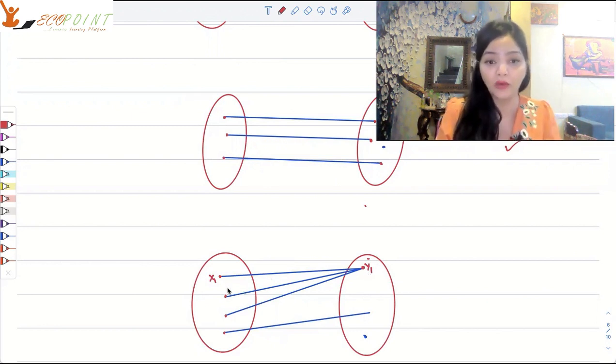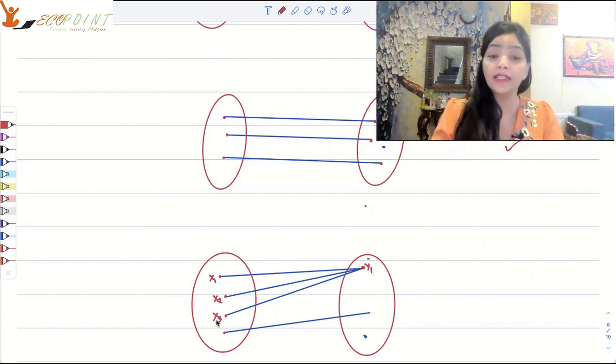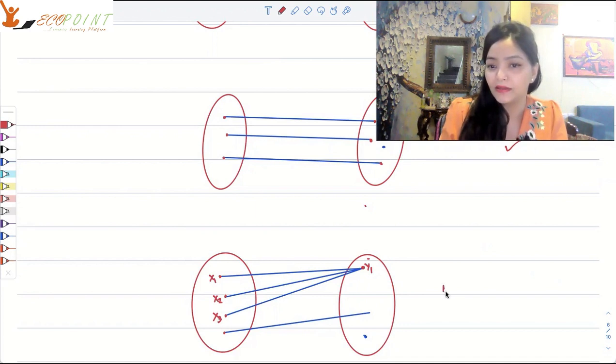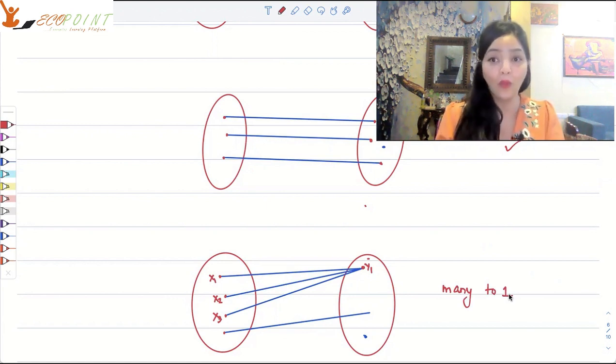It doesn't have 2 outputs. Input X2 has an output Y1. Input X3 has an output Y1 only. The inputs don't have more than one output, or in other words, they have a unique image. They have a unique output. Hence, this, which looks like a many-to-one relation, because many inputs are getting mapped to one output, is indeed a function. Thank you.